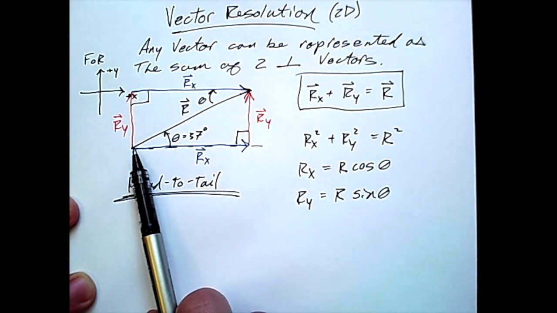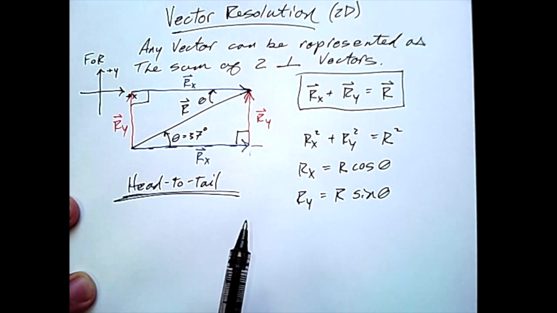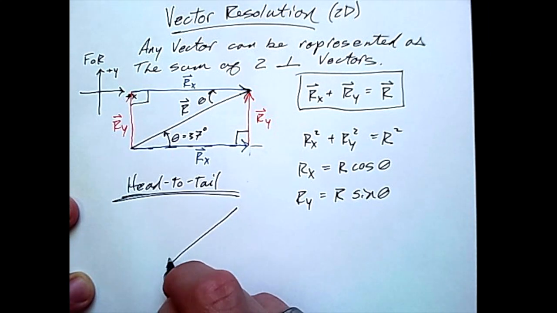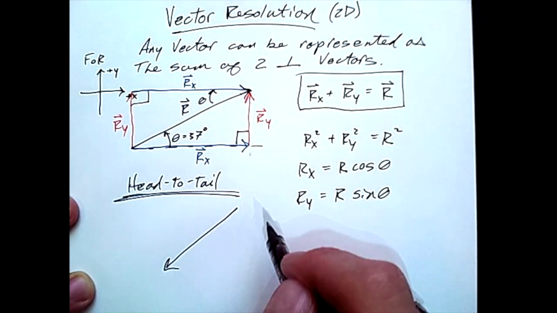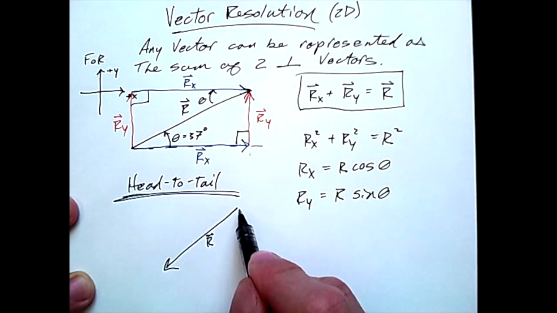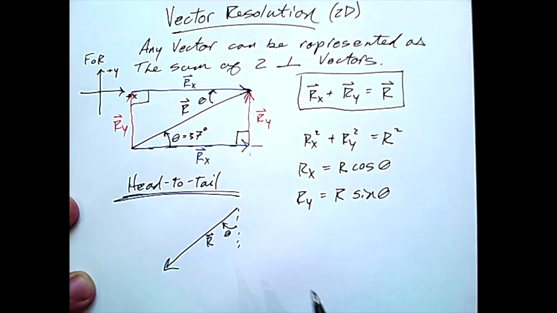Do not be tempted to just draw the sides of the triangle mindlessly, because it's very possible, if you were given an r that pointed like this, where the angle is known down here perhaps, from here to there is theta in this particular diagram.